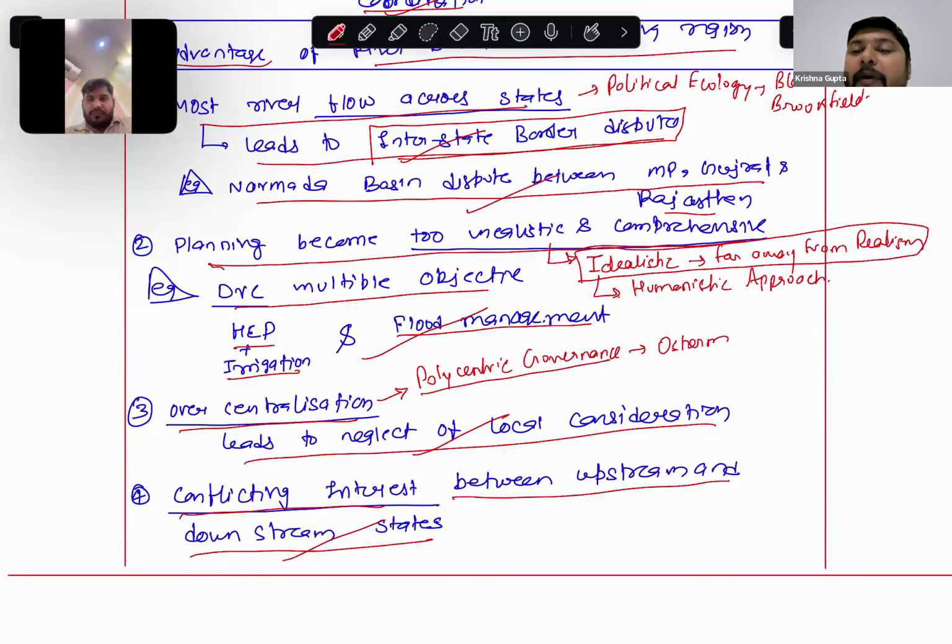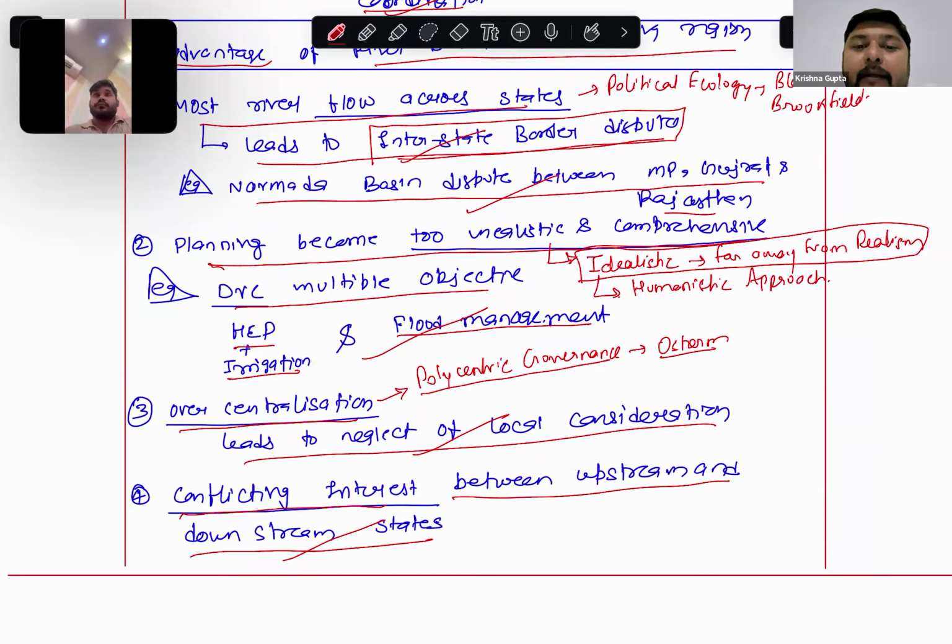Okay, so polycentric government, for example, in the Indian aspect only, we have state government, then we have central government, then in a particular district, we have its own government. अगर कोई village का part आता है तो पंचायत भी आ जाता है. So when we include all this part here, so किसका सुनना है किसका नहीं सुनना है, so there is a conflict here.